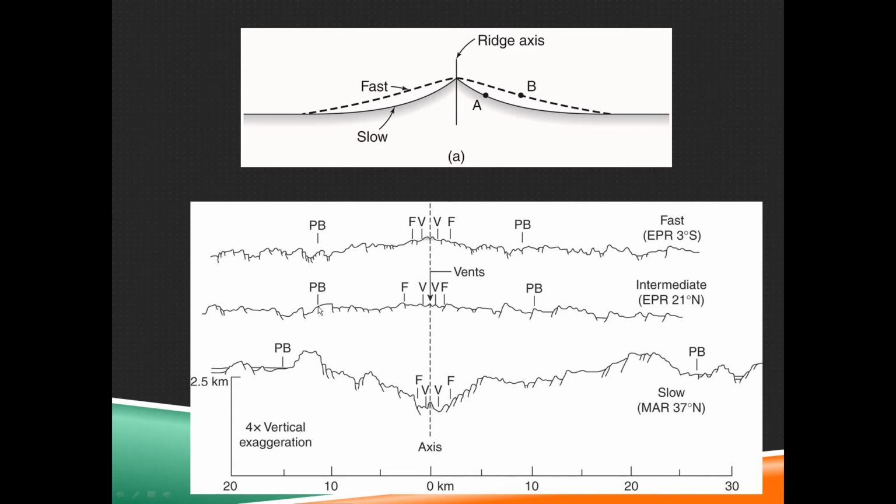An intermediate one is a bit more level, and then for the slow spreading center, the edges of the ridge are on either side of a trough. So in the very center of the slow-moving one is a low area, a trough due to collapse. In the fast-moving one, it doesn't have time to collapse.